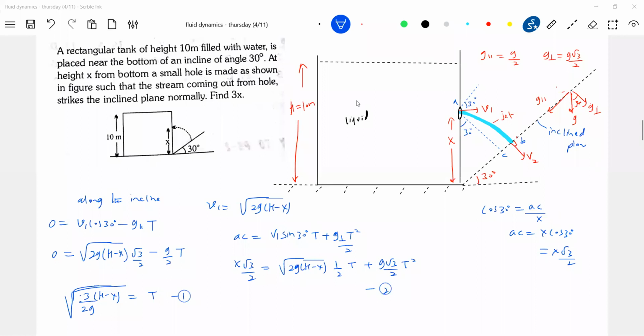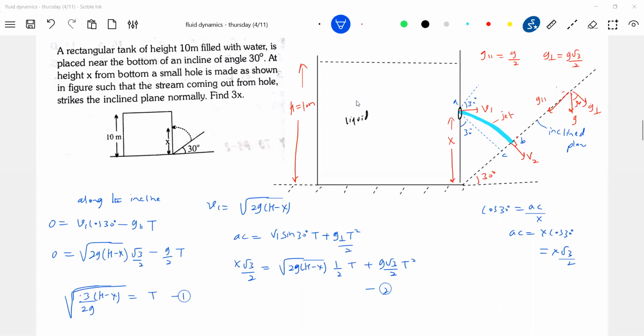What is the problem? I think time of flight T is equal to this much, no? Sir, T will be 6 by G H minus X. Oh, 6 by G, no?